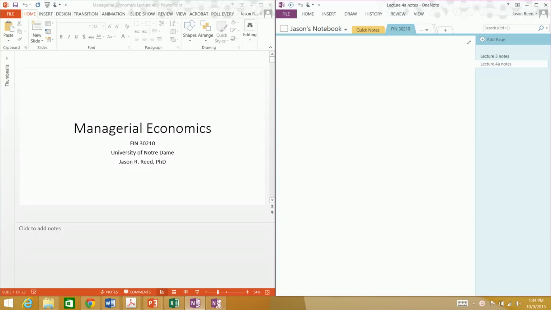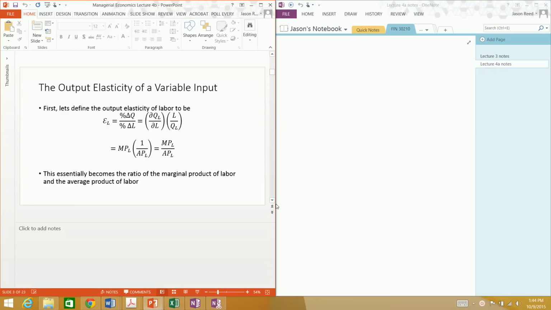This is lecture 4B. We're going to continue on here, and the first thing that we want to talk about for us is that we want to understand a little bit more about elasticity. So we have output elasticity of a variable input, and we've defined this output elasticity of labor to be the percentage change in quantity given a percentage change in labor.